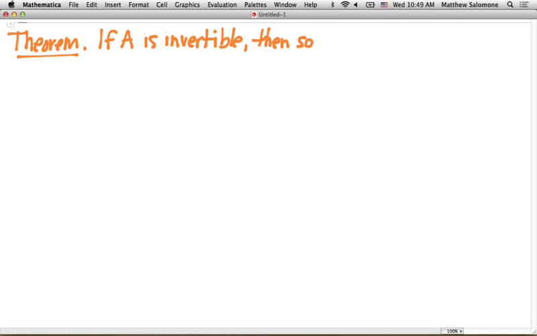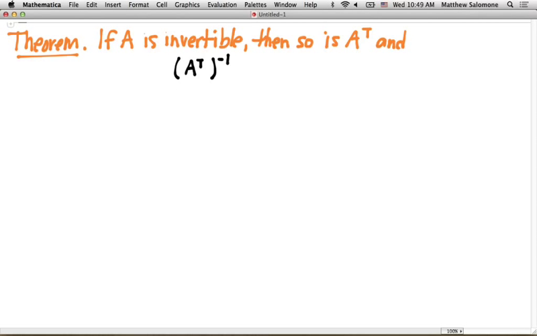So again, let's get the statement of what we're trying to prove down here. I'm going to add a hypothesis. If A is an invertible matrix, then so is A transpose. We kind of have to say that because then it allows us to write on the next line the inverse of A transpose, otherwise we couldn't write this thing that I just wrote, A transpose quantity inverse.